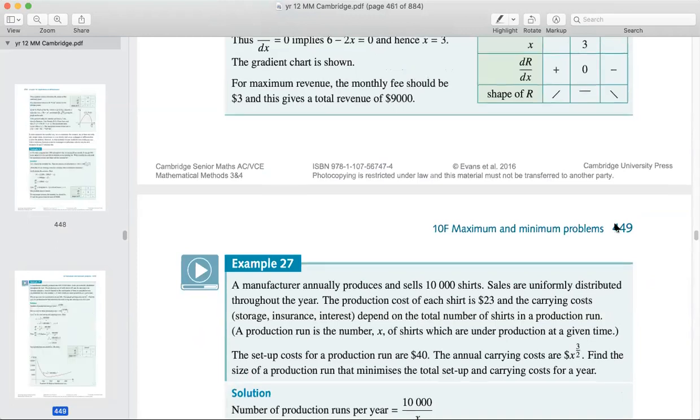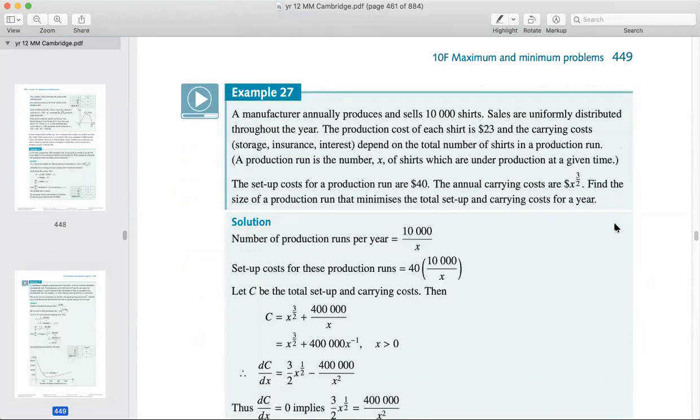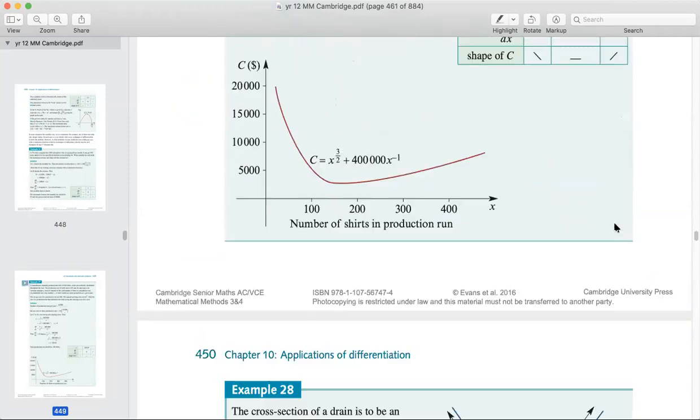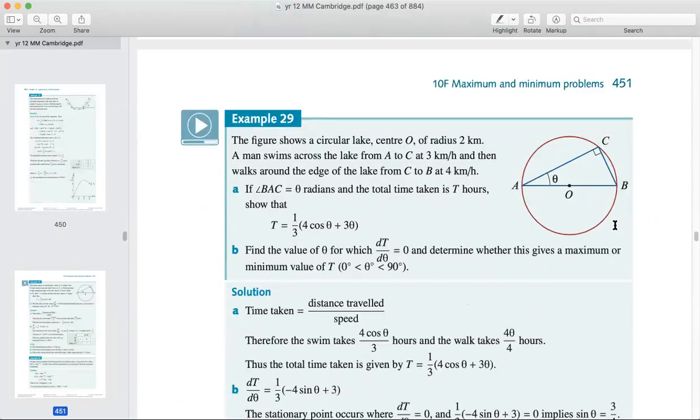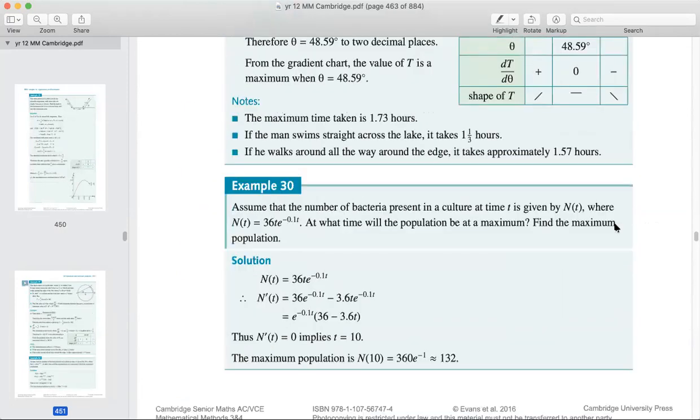And 26, 27, same thing, but make sure you read the question carefully to get the equations and then find the derivatives. Okay, that all uses the same strategy. And just look at 30. Number 30 is pretty interesting because it involves an exponential, so it links to what we have learned in chapter 5, right?